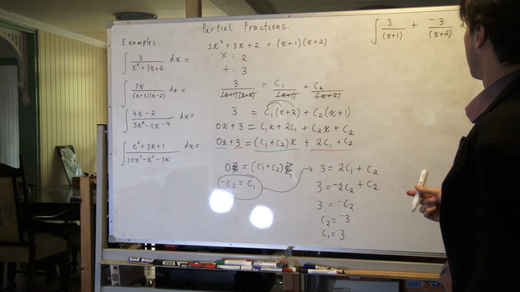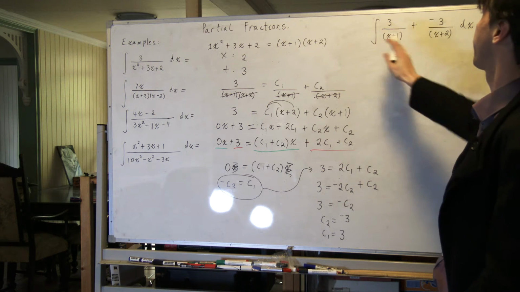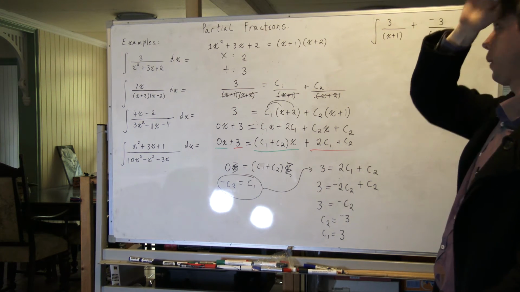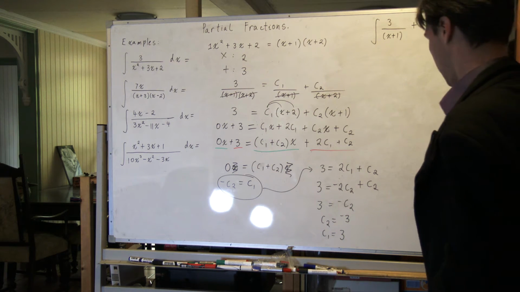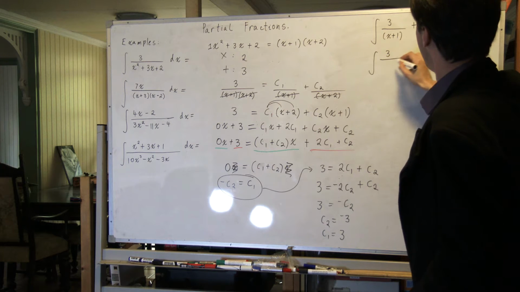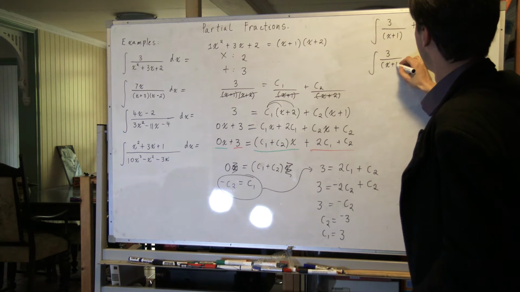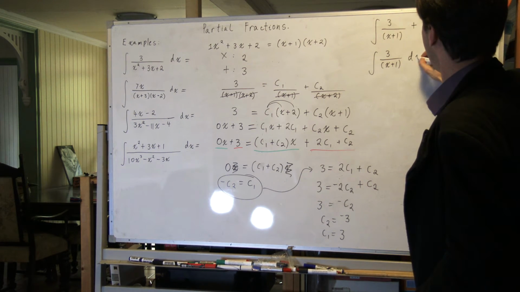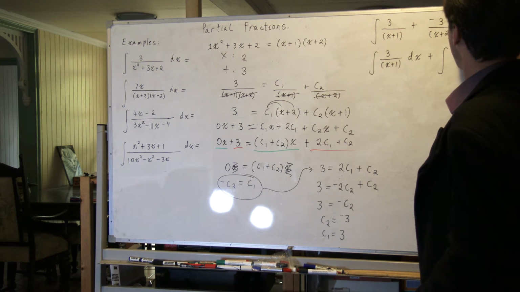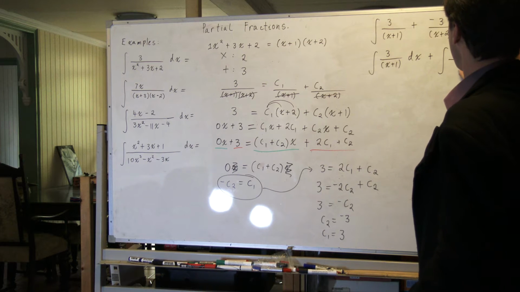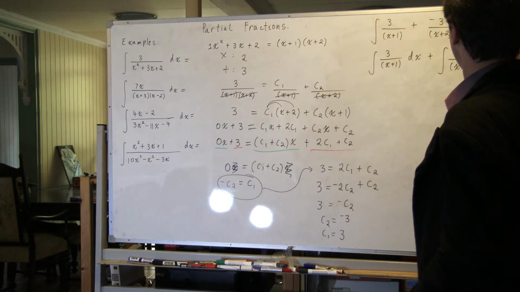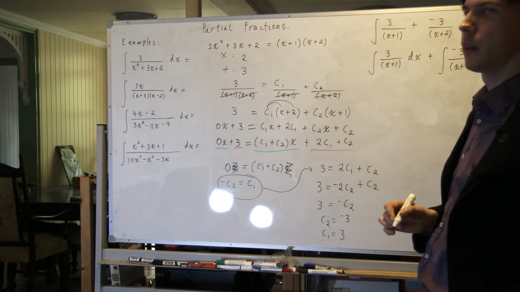And now, what you can do when you have several things adding up together, taking the integral of them, is you can just split those integrals up. That's equal to the integral of 3 over x plus 1 with respect to x, plus the integral of negative 3 over x plus 2 with respect to x.